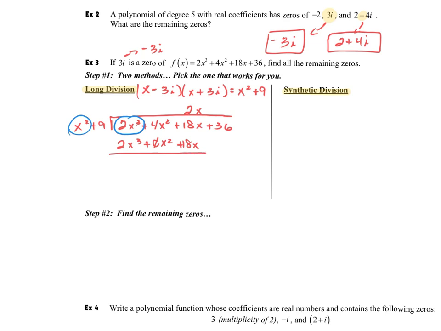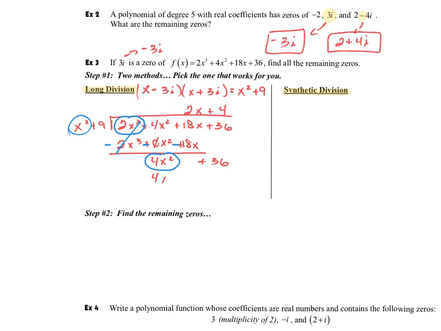Now, I'm going to subtract. So I know that all these need to be subtracted, so I can change these signs and add. So those are going to cancel. And I'm going to get a 4x squared plus a 36. I'm going to do 4x squared divided by x squared. That's going to give me a plus 4.